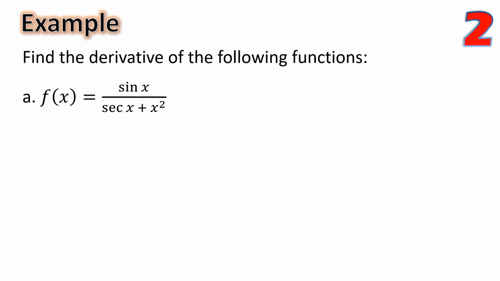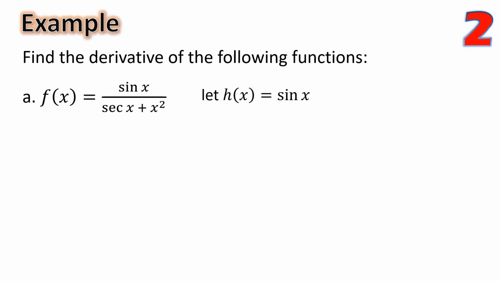Let's have our next set of examples. Letter A, f of x is equal to sine x over secant x plus x squared. This is a quotient of two functions, hence we apply the quotient rule.